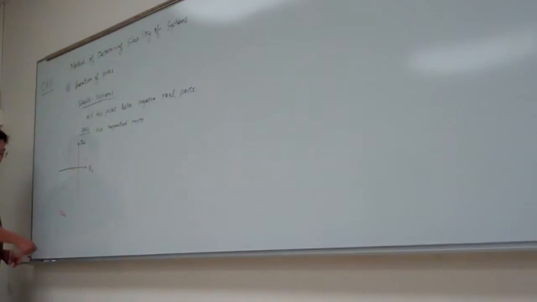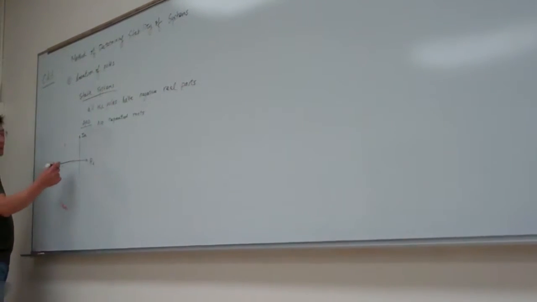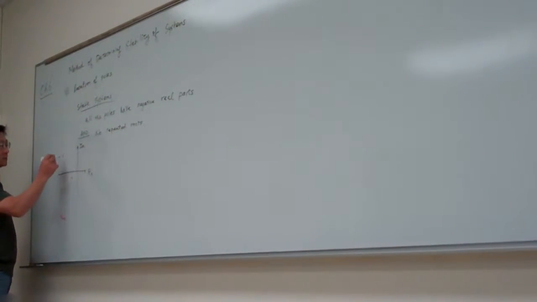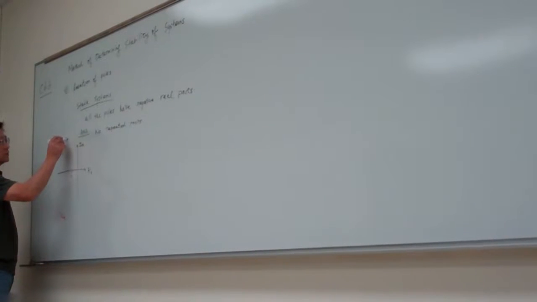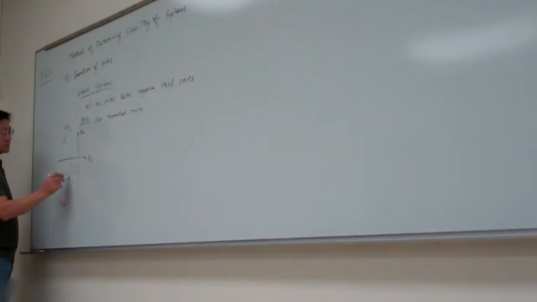Okay, and if you like, you can make one example. Say this is -1, and the 2 poles are -2 plus j and -2 minus j.